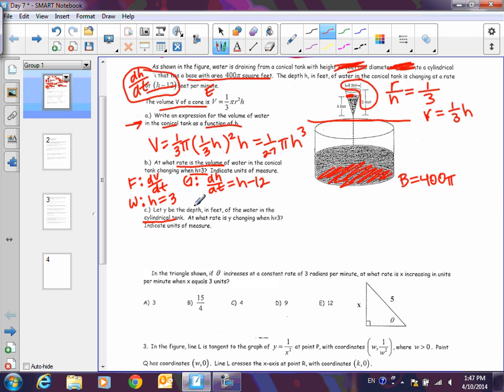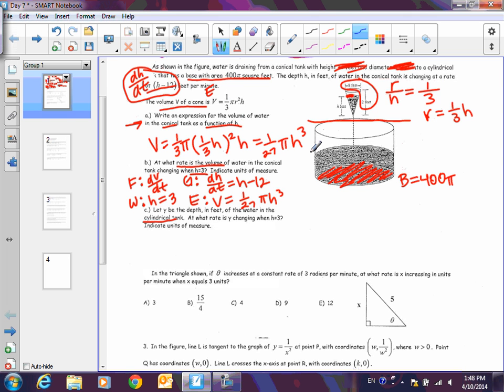And then the equation, we are going to use our brand new equation for volume, which is going to be 1/27 pi h cubed. If you wanted to, you could use the original equation. You would just end up doing more work than everybody else.